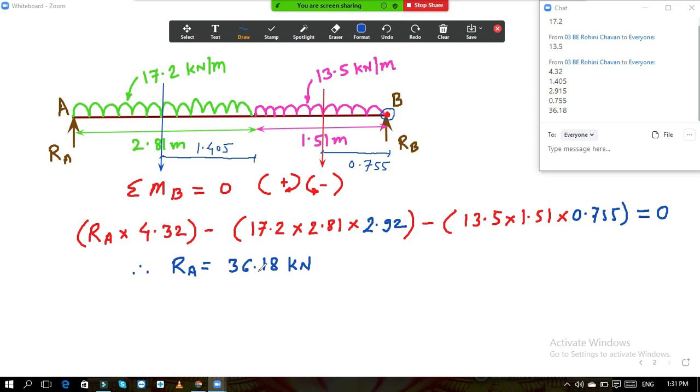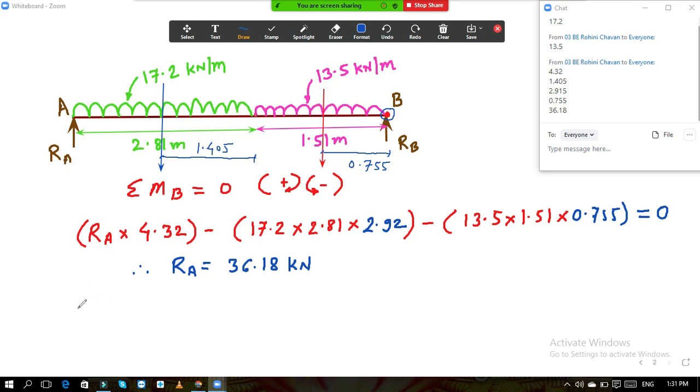This is the first point. To calculate the maximum bending moment, first we need to identify the point of zero shear. As we know, the bending moment is maximum where the shear force is zero. So we need to find the point where the shear force is zero. At that point, we will get the maximum bending moment.